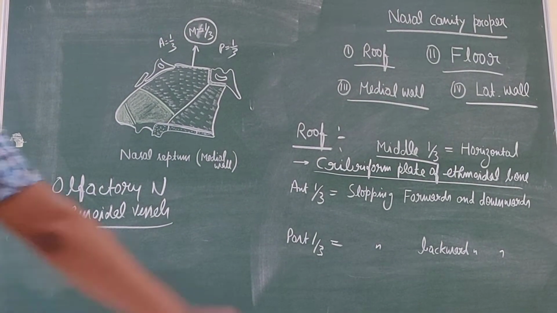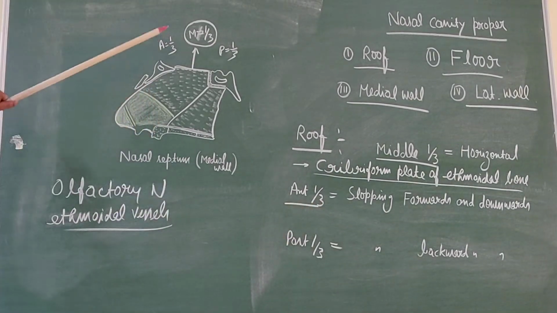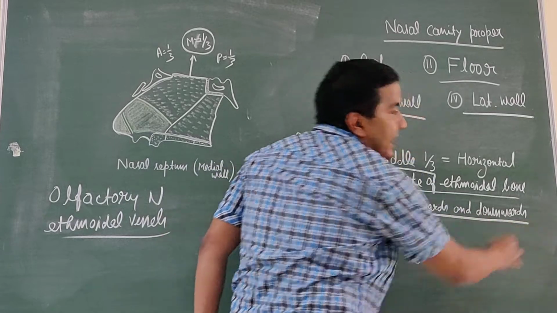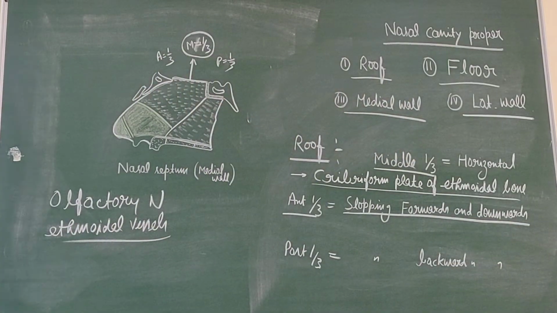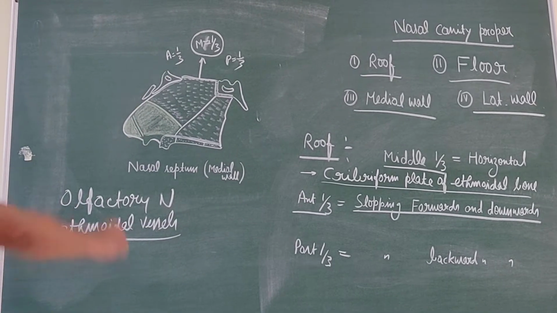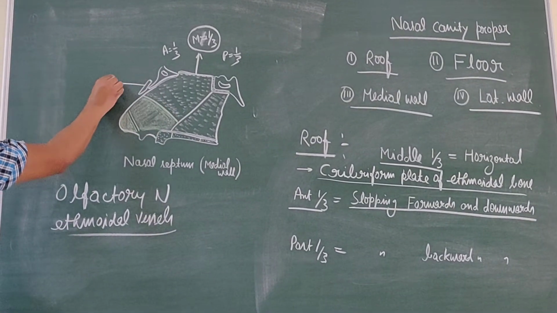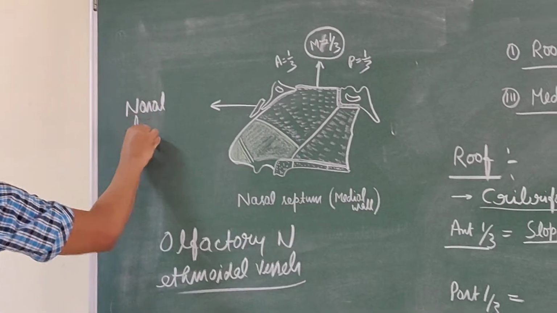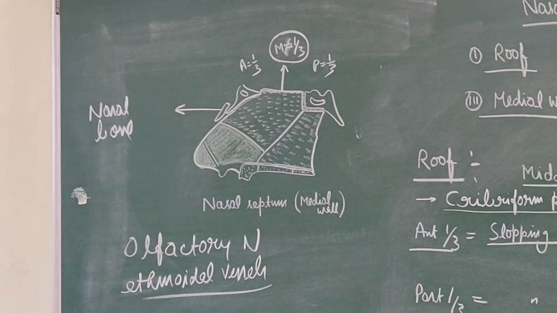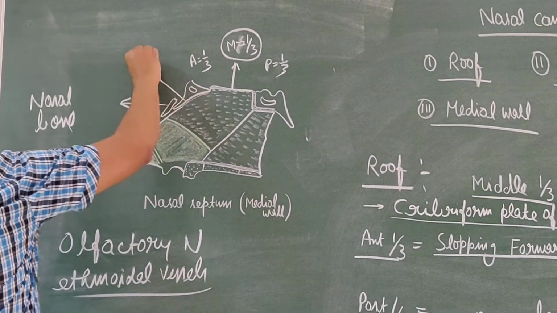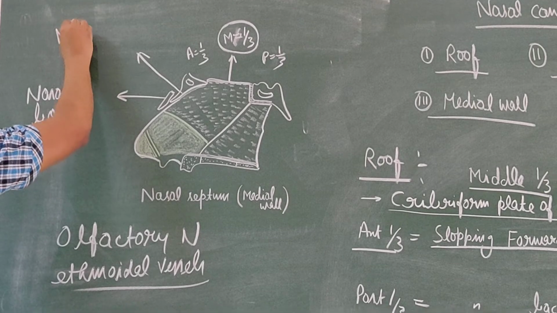Now the anterior 1/3 slopes forwards and downwards, and it is formed by the nasal bone and the nasal spine of the frontal bone.